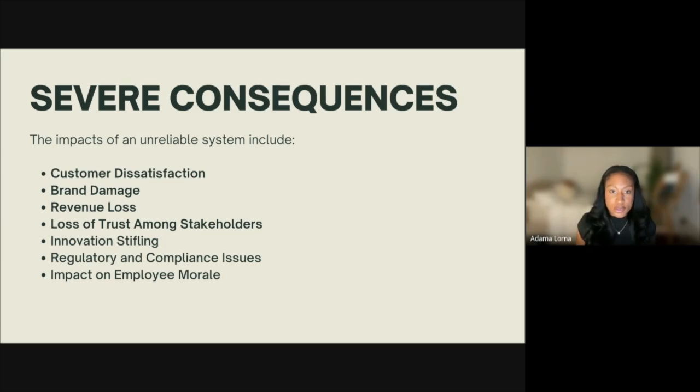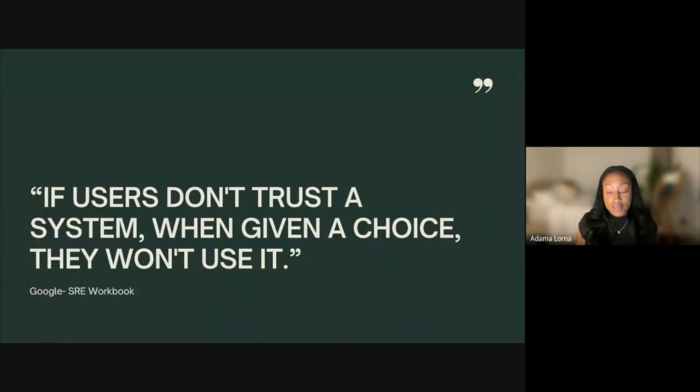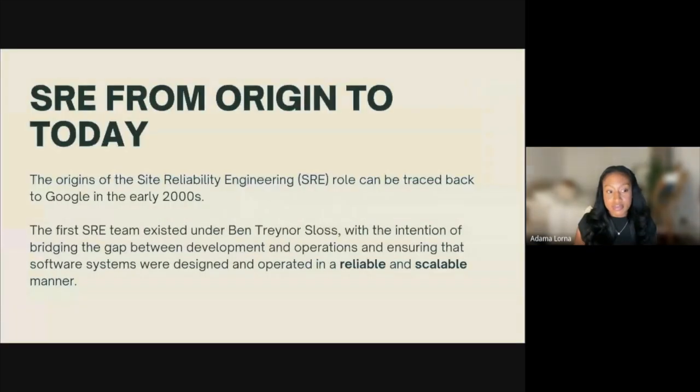If all you're trying to do is keep your systems from failing, then you don't have time to innovate, right? Which has an impact on employee morale because they feel like they're just putting out fires effectively all the time. And there are also issues around regulation and compliance. This is from the Google SRE workbook, but if users don't trust a system, given the choice, they won't use it. So this is where SRE comes in.